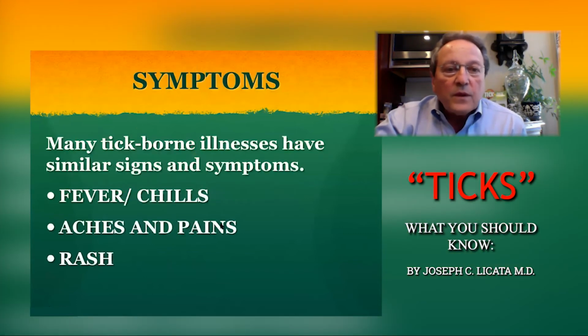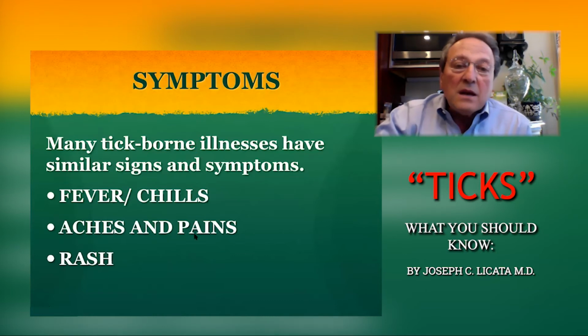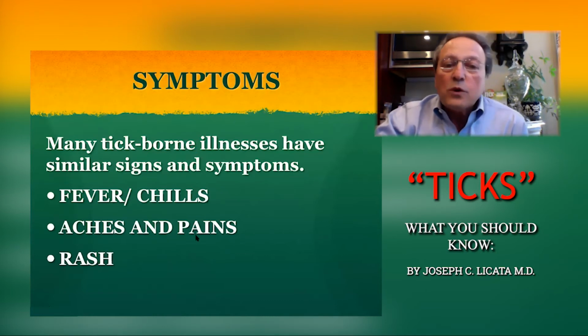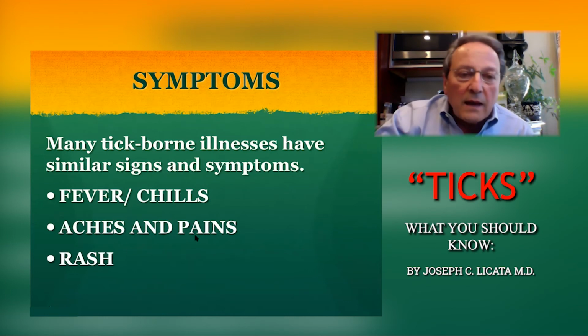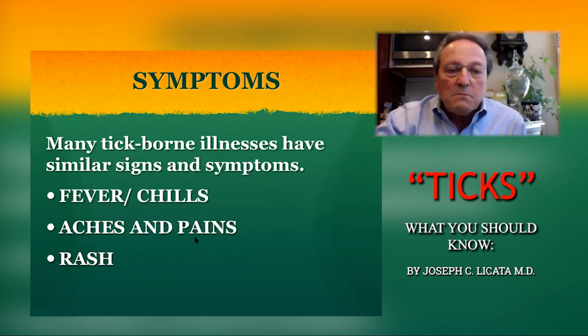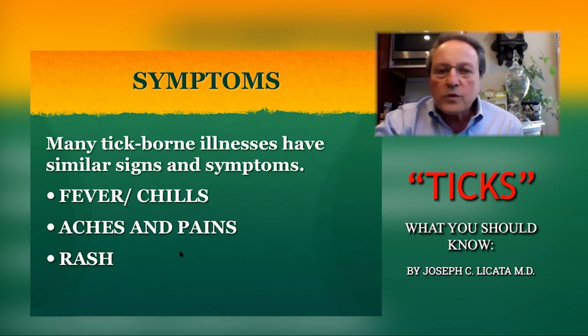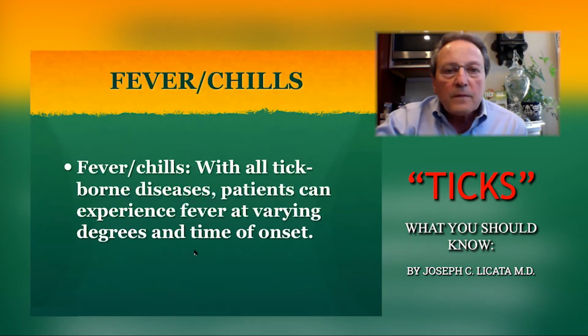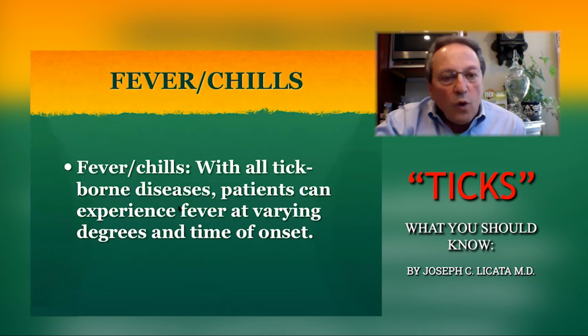So you can see quite a lot of different diseases, but many of the tick-borne illnesses have similar signs and symptoms, and fever and chills, aches and pains, and rash are common to many of those illnesses. With all tick-borne illnesses, patients can experience fever at varying degrees and different times of onset.